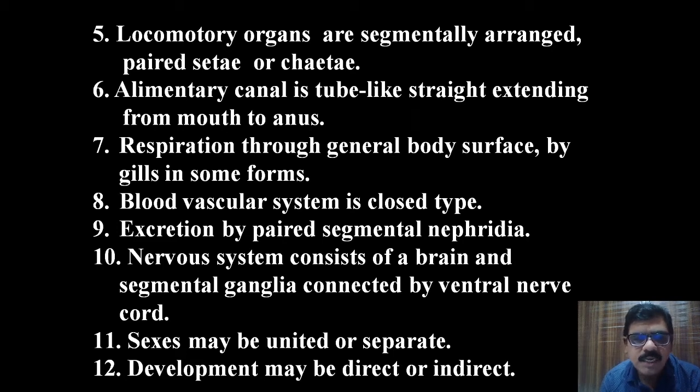Excretion is by paired segmental nephridia. The nervous system consists of a brain and segmental ganglia connected by a ventral nerve cord. The sexes may be united or separate. Development may be direct or indirect through a larval stage.